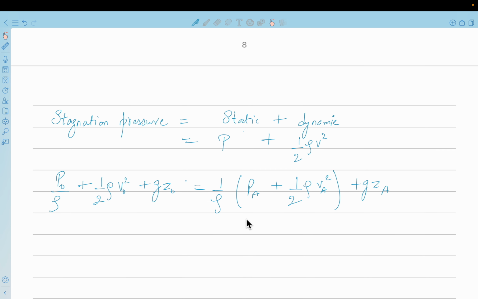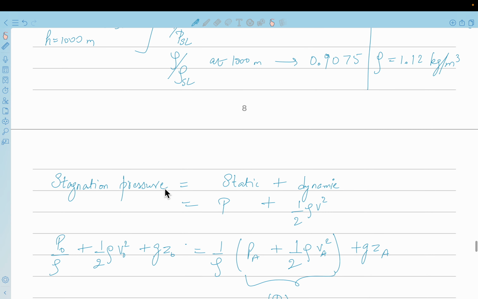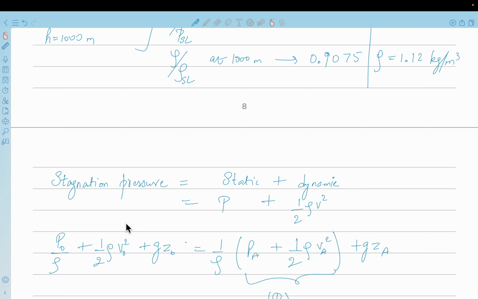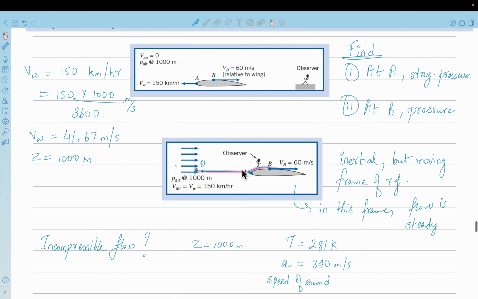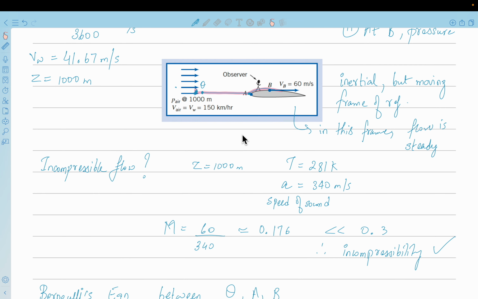This is the stagnation pressure at A. Okay, so now what other information do I need? P0 we have, I have already given you P0. What about this V0? Sorry, what is velocity V0? Anyone? Just look at the diagram and tell me.